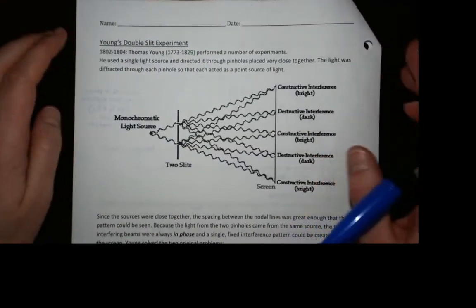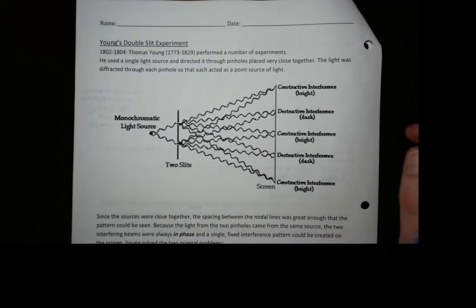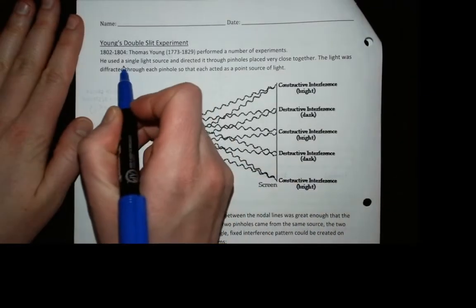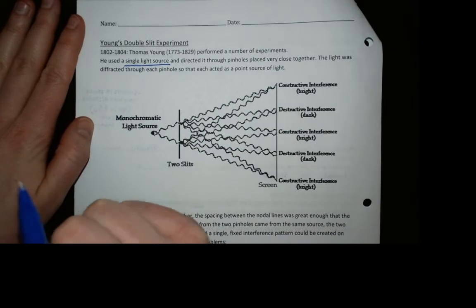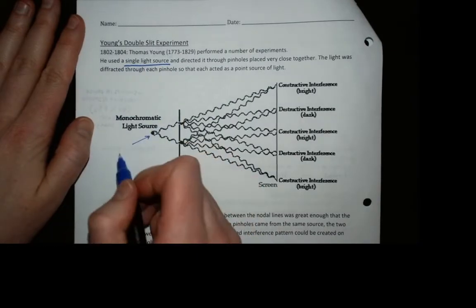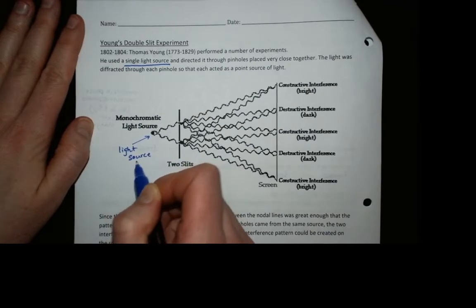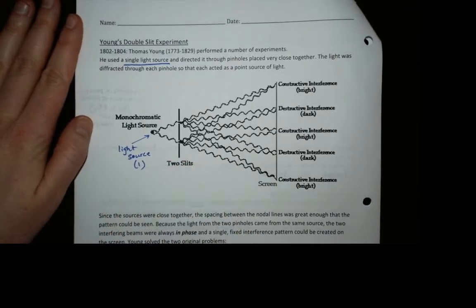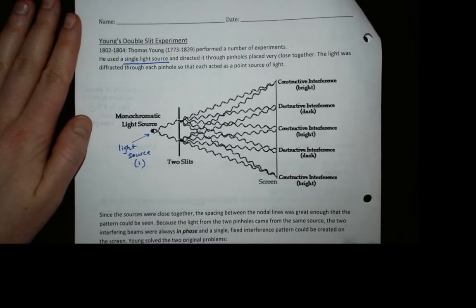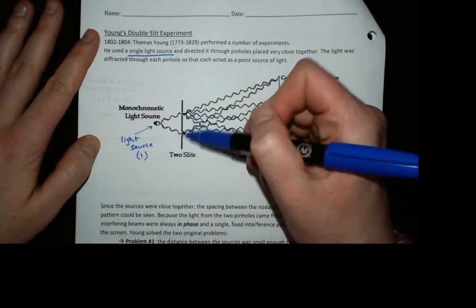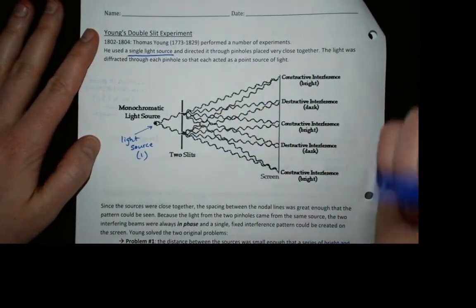So this problem was solved by a gentleman by the name of Thomas Young. So he performed a number of experiments, and he actually used a single light source. So that would be here. This is your light source. There was only one of them. But what he did was he directed that light through two slits, or two pinholes, that were very close together.